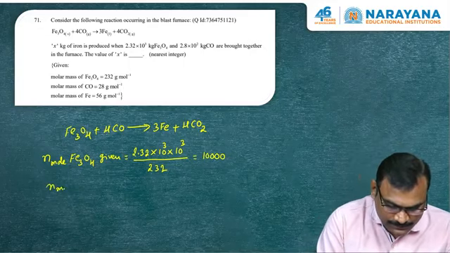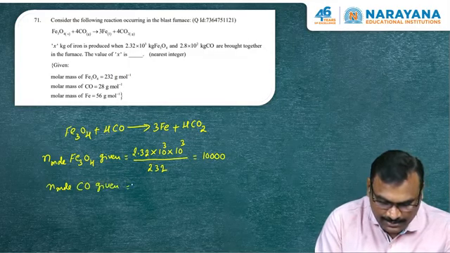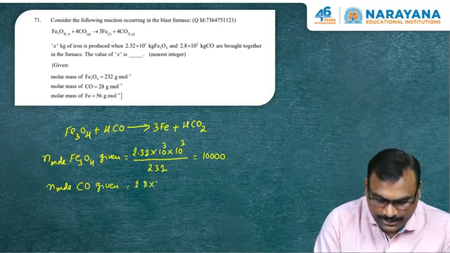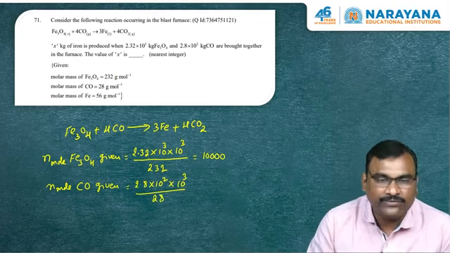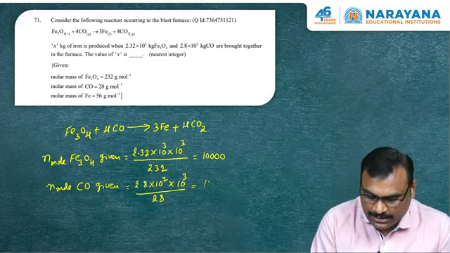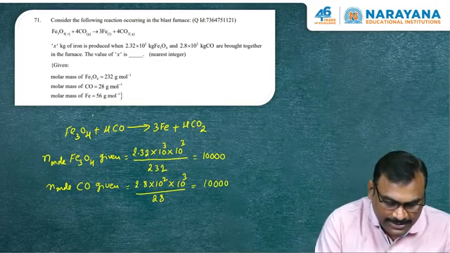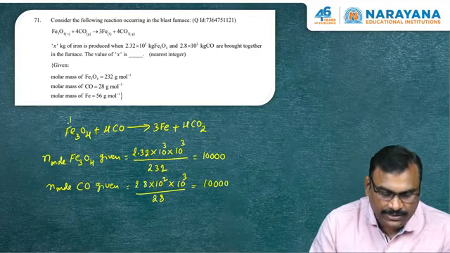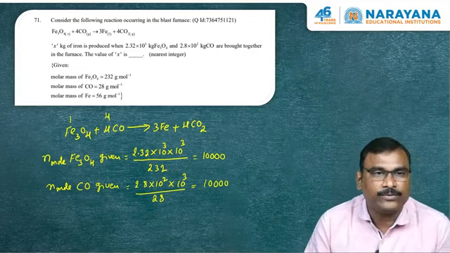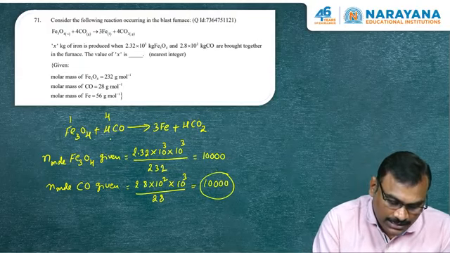The number of moles of carbon monoxide given is 2.8 into 10 to the power of 2, again kgs, by 28, carbon 12, oxygen is 16. So the molecular weight is 28. Again the number of moles given is 10,000. But according to the stoichiometric equation, 1 mole of Fe3O4 requires 4 moles of CO. Therefore, the number of moles of CO given is in lesser quantity. That means CO should be the limiting reagent for the given question.